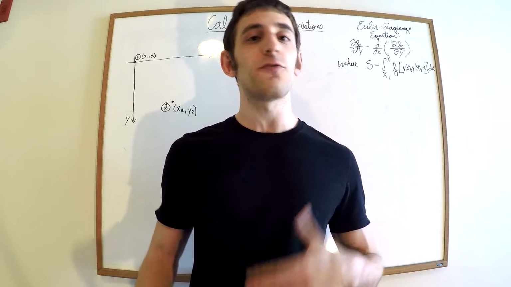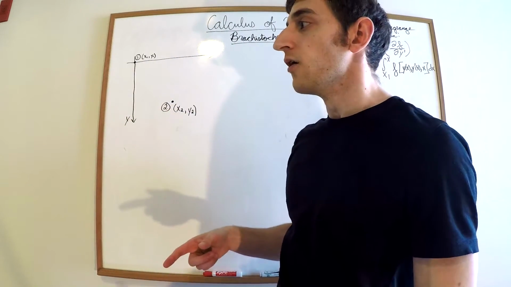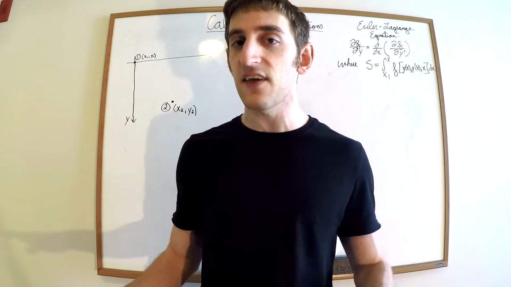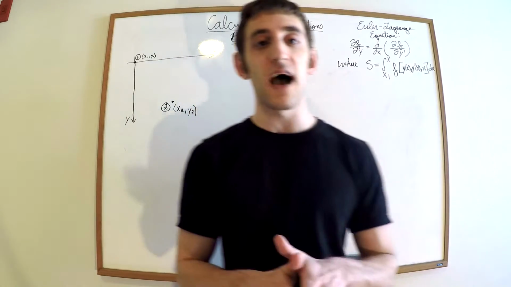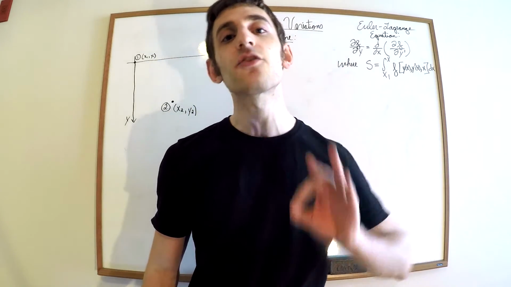And you want to find the path that's going to allow this particle to travel due to the force of gravity alone, so we're going to have no friction or anything like that, to this second point in the shortest amount of time, okay?